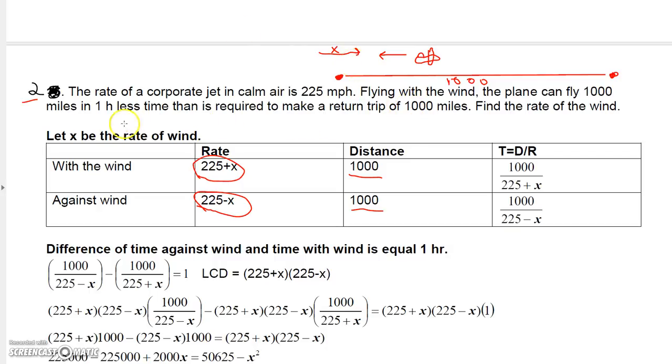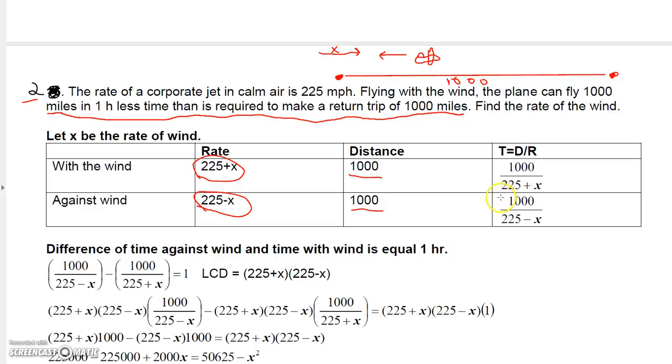Okay, so basically when it says that it can do it in 1 hour less time with the wind, it means that the difference of the two times has to be 1 hour. So I have to take the longer time, and this is where it gets tricky. I have to take the larger time minus the smaller time.